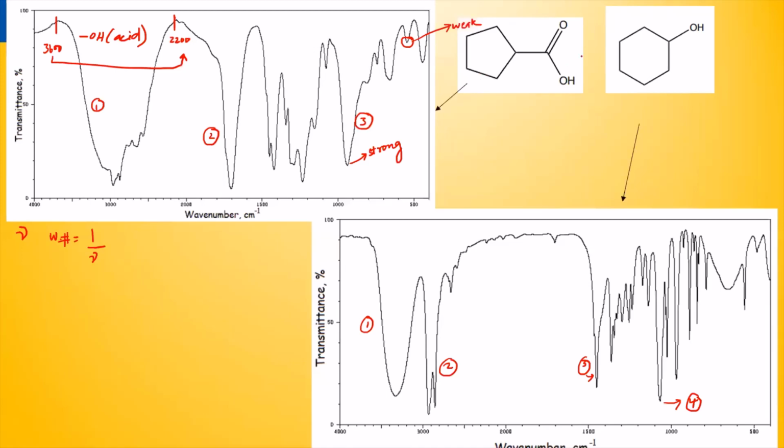Now how do we know this is B? This is an alcohol. This is the functional group. This is an acid functional group. So this is 1. Again, this test tube looking peak, that's classic alcohol. This wide looking peak is also an OH, but it's in an acid.